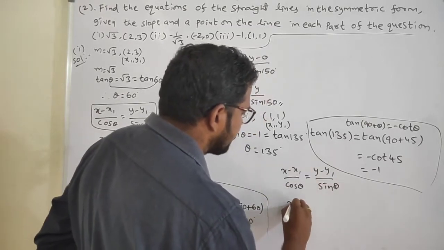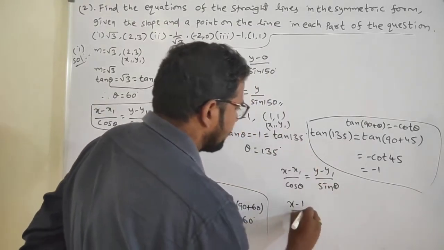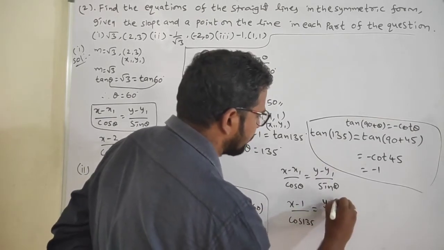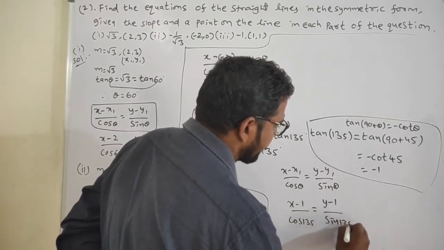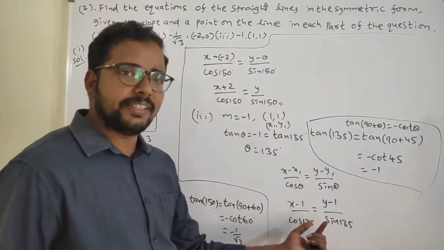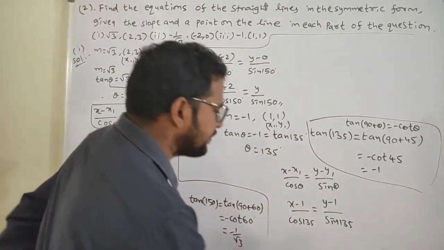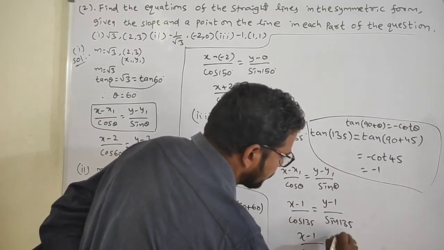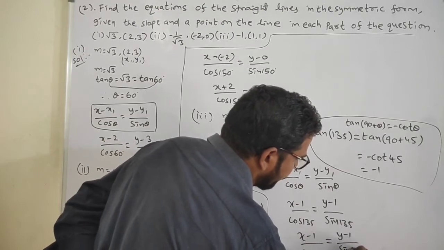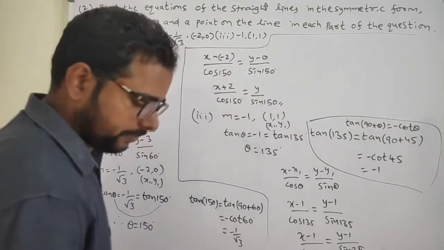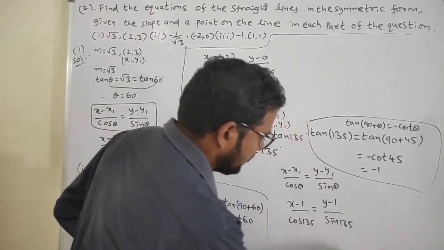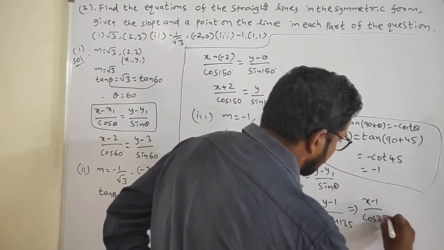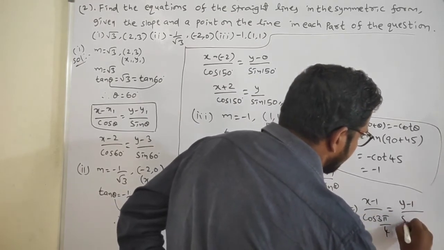Substitute values, x minus x1 value 1 by cos theta, cos 135 degrees is equals to y minus y1 is equals to 1 by sin 135 degrees. దీన్ని రేడియన్స్ లో ఎక్స్ప్రెస్ చేయండి. 135 అంటే ఎలా రాస్తాం, 45 3 135, 45 అంటే pi by 4, cos 3 pi by 4 రాస్తుంది. x minus 1 by cos 3 pi by 4 is equals to y minus 1 by sin 3 pi by 4.